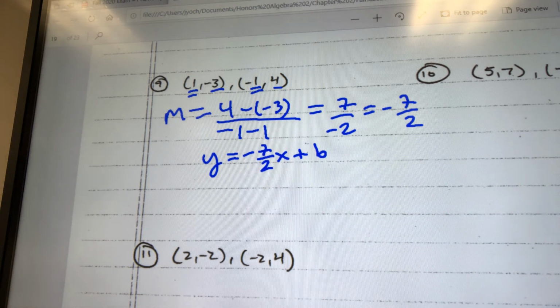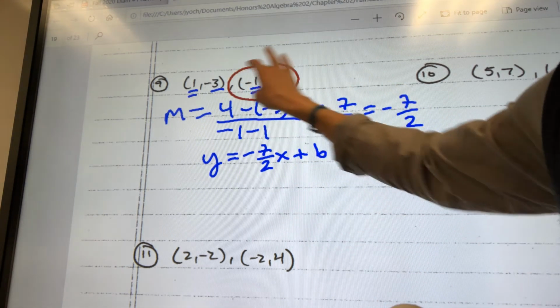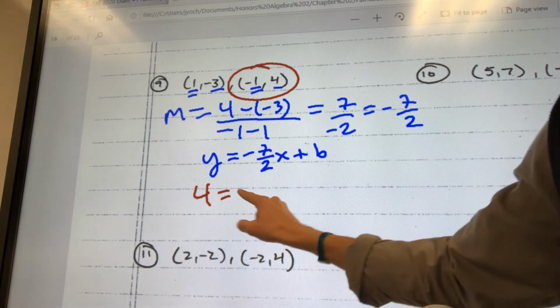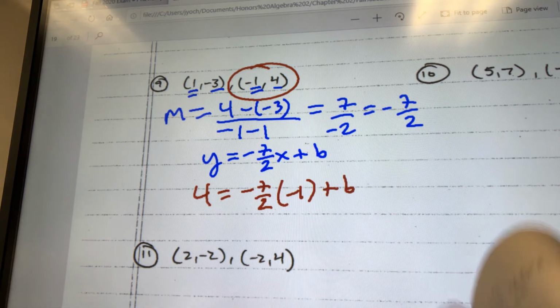Don't see anything great because I'd like to multiply x there by, I'm sorry, negative 7 over 2 by an even number that I can plug in for x. Said I want to get rid of that negative by multiplying it by another negative. Plug negative 1 in for x, 4 in for y.